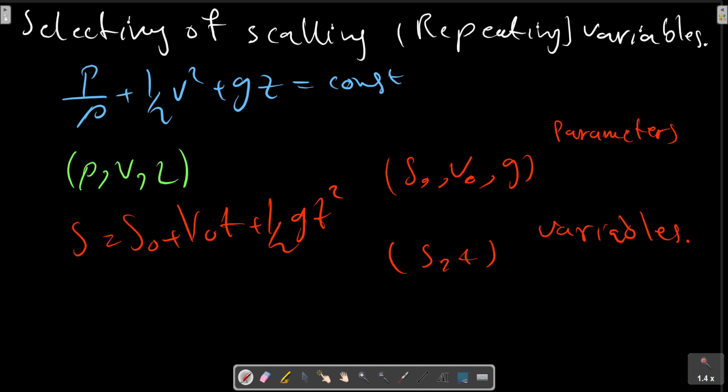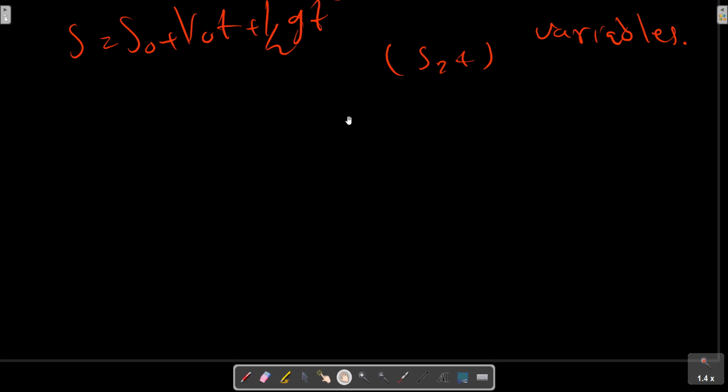The following are some guidelines for selecting scaling factors, for example, repeating variables.